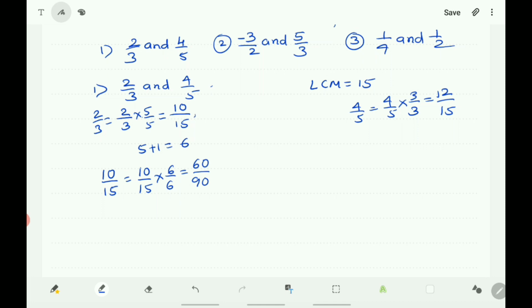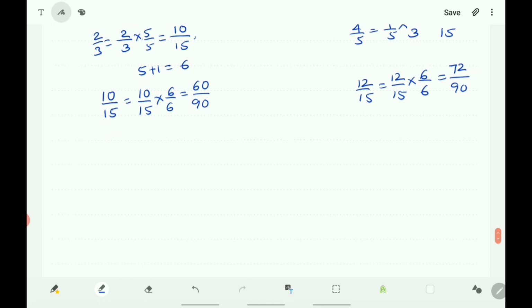And here 12 by 15 is equals to 12 by 15 into 6 by 6, that is equals to 72 by 90.